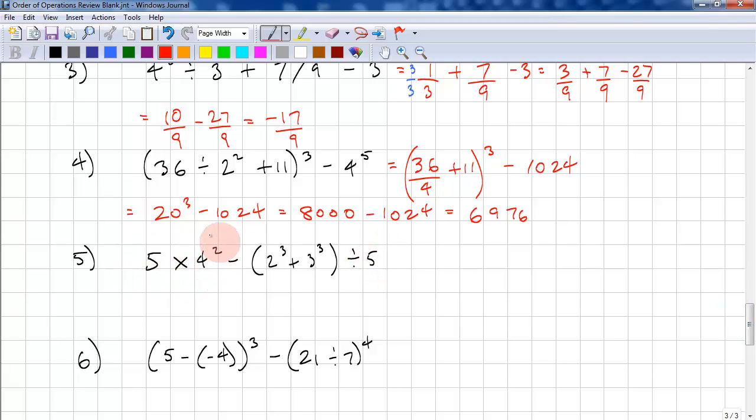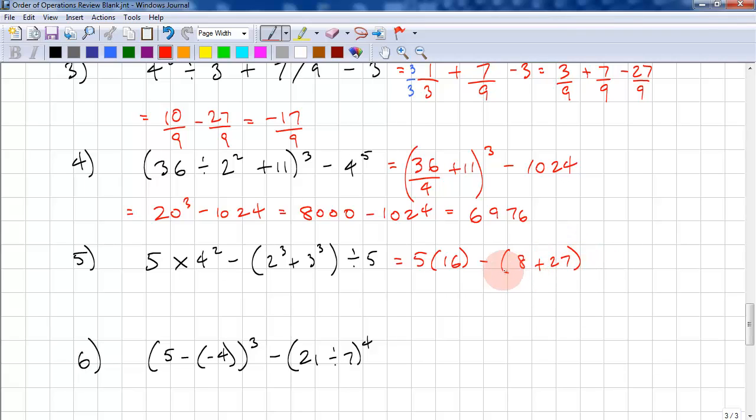Okay, this is its own term, so we can write it by itself. 4 squared is 16, so we have 5 times 16. Now we have brackets, so we need to evaluate BEDMAS inside the brackets. We have exponents. 2 cubed is 8. 3 cubed is 27.